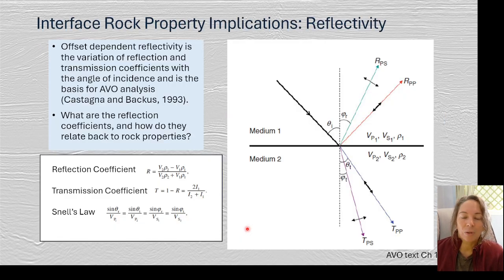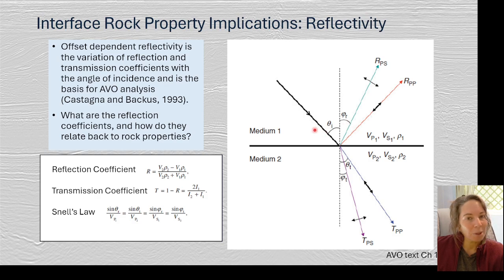AVO goes back to the whole concept of reflectivity. Here's a quick reminder: we have the energy that comes down and hits an interface where we have an acoustic impedance contrast between two rock layers. We've got that reflection coefficient that allows some of the energy to be bounced back and some to be transmitted further down.